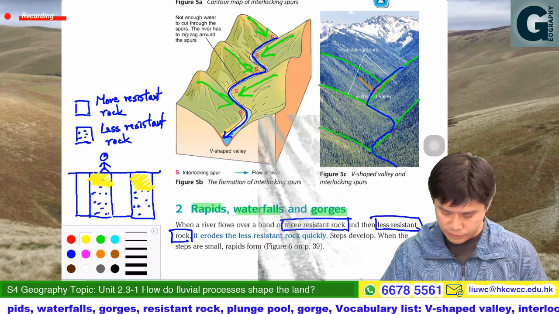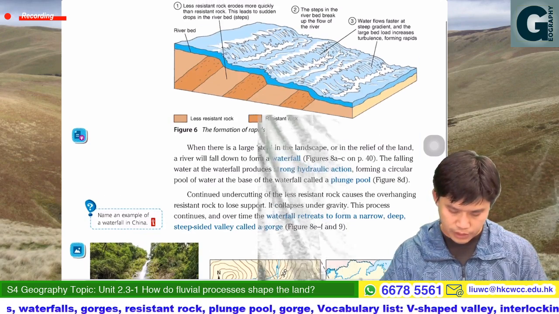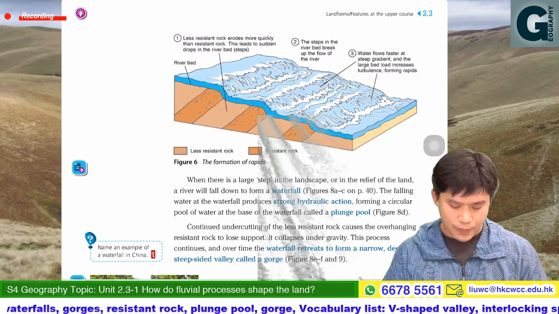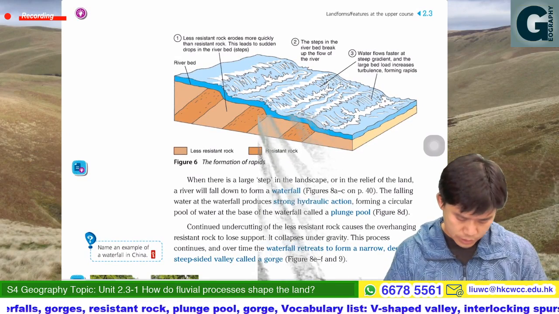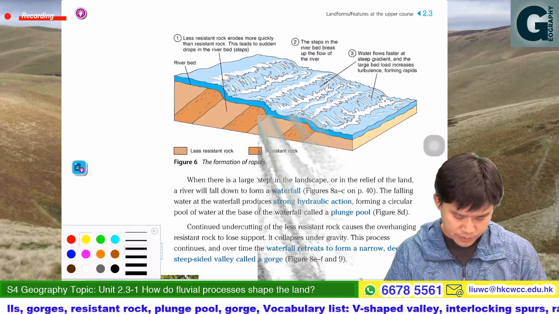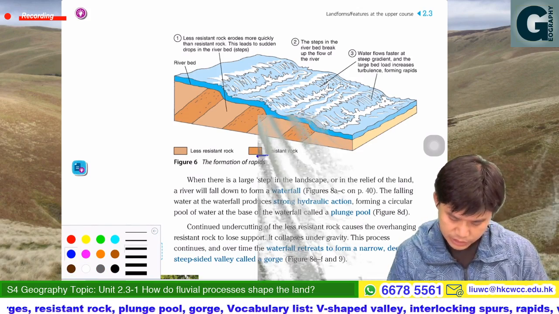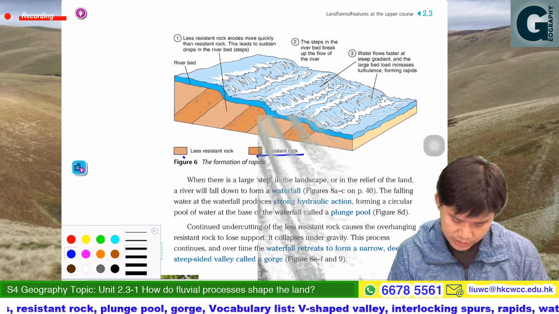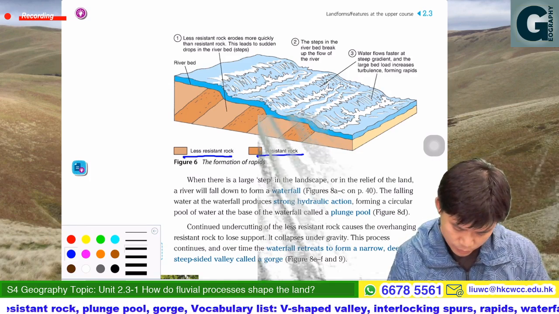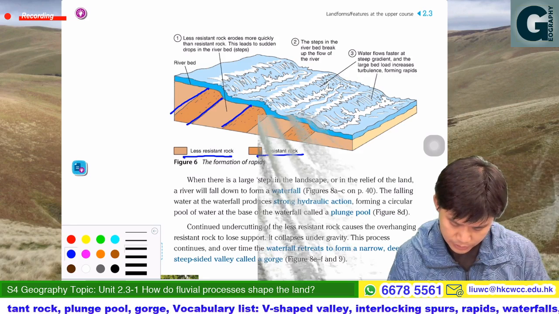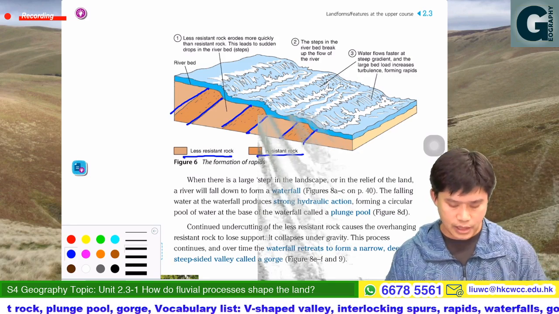So let's have a look first at the rapids. Just now we mentioned there must be more resistant rock like this, and less resistant rock. You can see that it would be in layers.